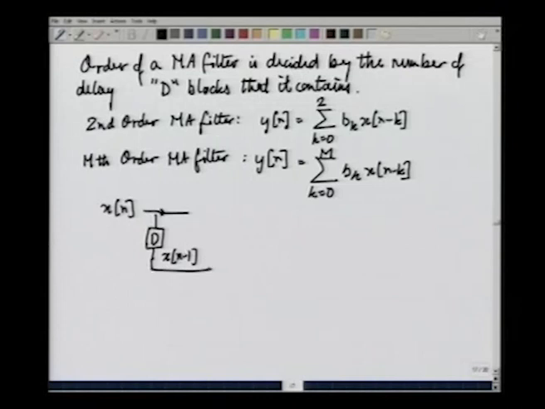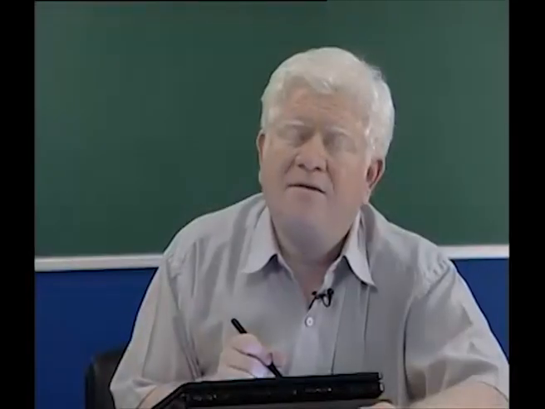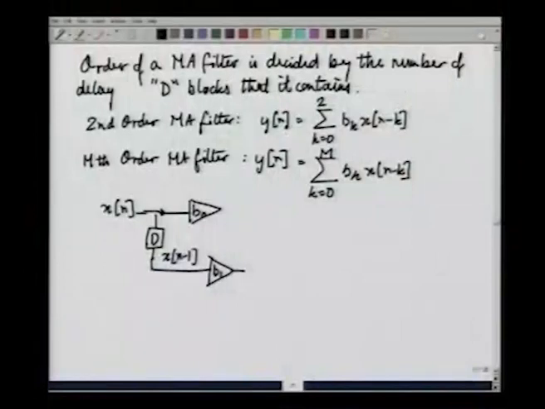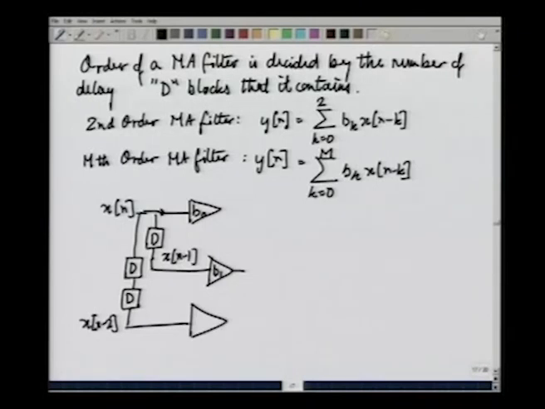This x n minus 1 would then be scaled by b1, x n itself would be scaled by b0 according to the equation, and you also need x n minus 2. So, you could start with x n right away, put one delay over here and yet another delay over here, and get x n minus 2, to which you would attach the appropriate scale factor b2.